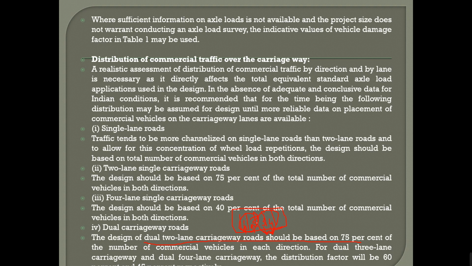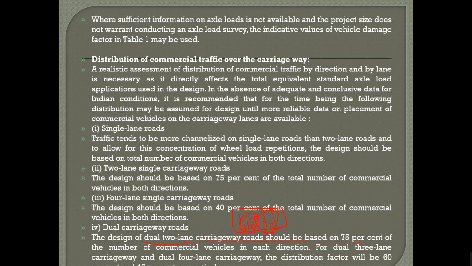Here the design thickness of flexible pavement is decided based on only 75% because of the increase in lanes from single lane to two lane road. And usually we consider the traffic in one particular direction, not in both directions.